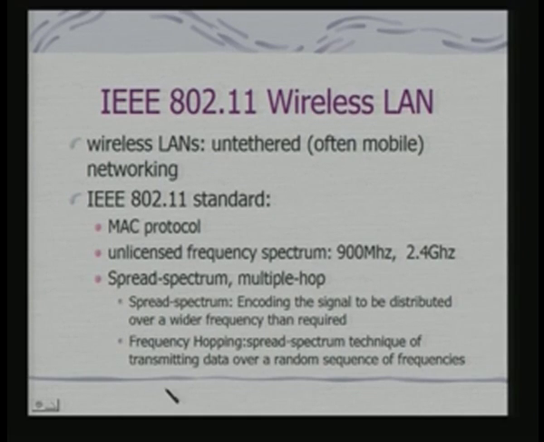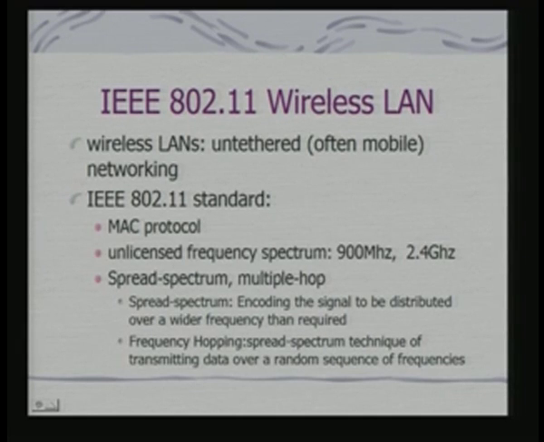This uses spread spectrum. What is spread spectrum? The baseband signal is distributed over a wider frequency range than is required. Typically, multi-hop spread spectrum is used, which means you use multiple frequency slots.